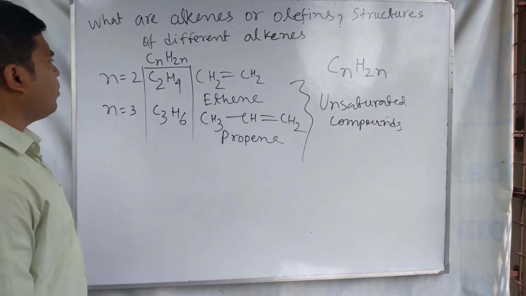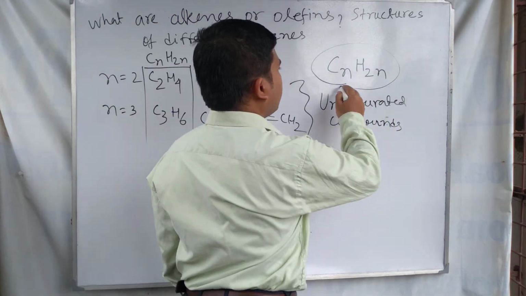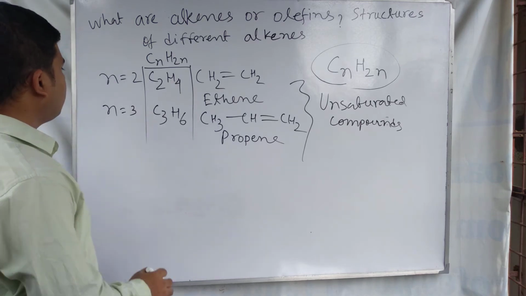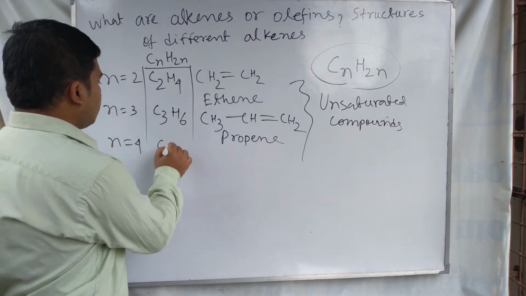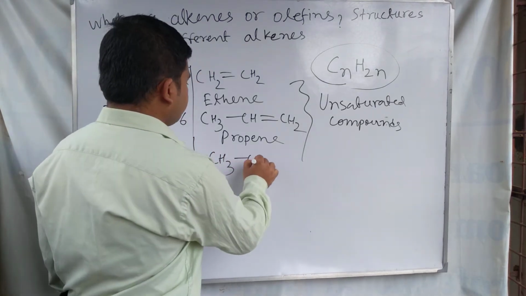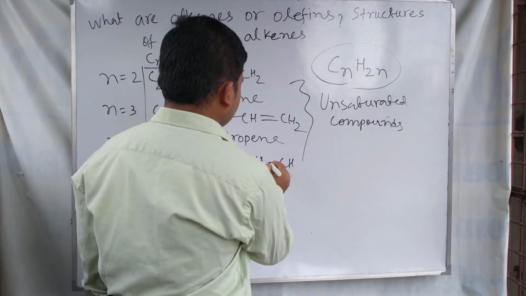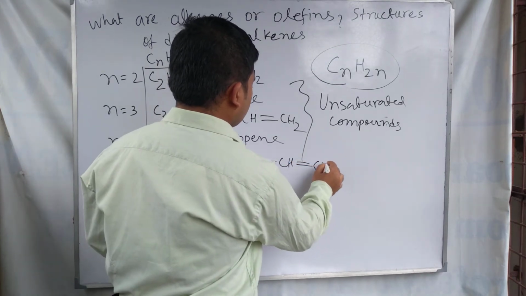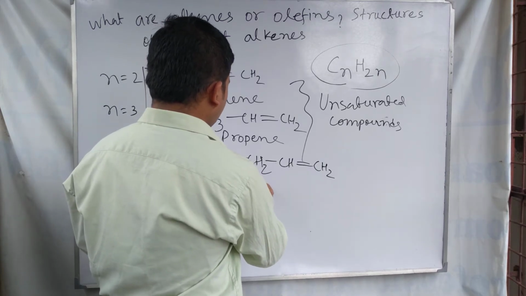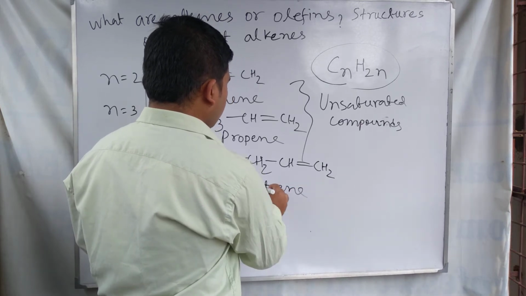Alkenes are always unsaturated compounds, and they are formed using the general formula CnH2n. In this way you can draw the alkenes. If we place n equal to 4, it becomes C4H8, and the next alkene is this one, with carbons 1, 2, 3, 4, called butene or but-1-ene.